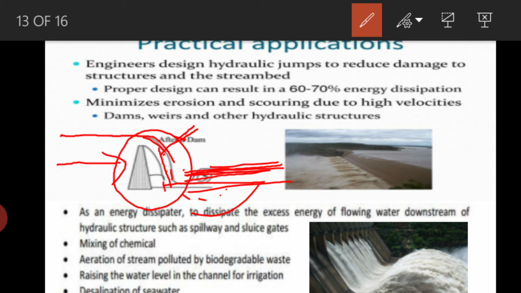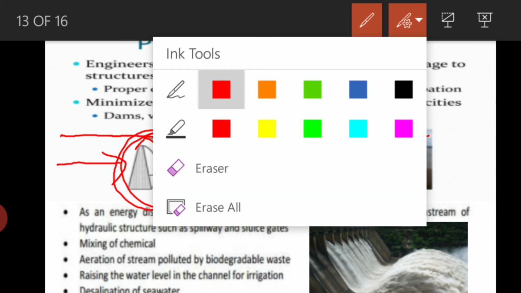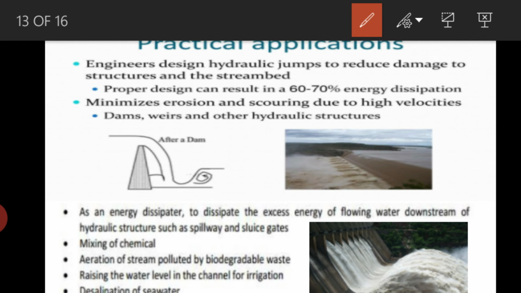So after falling down, the water has to jump and then it has to move. Hence we can protect the bed and banks of the channel as well as the hydraulic structure. How can it be made? A stilling basin will be provided on the downstream side of the dam or a weir.